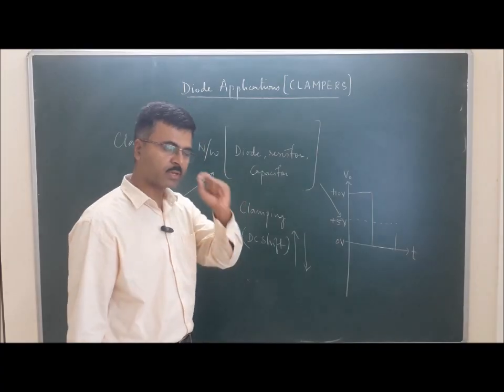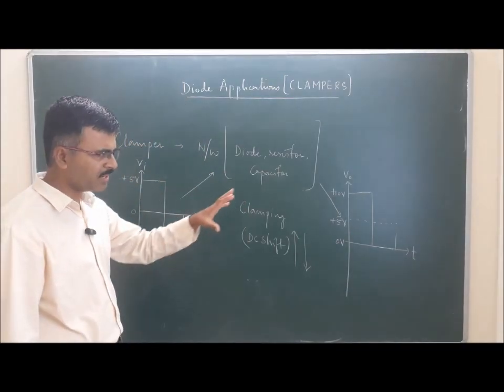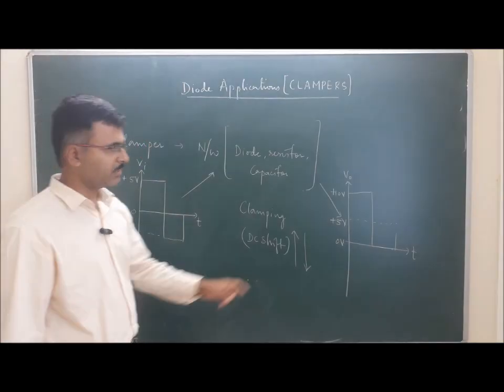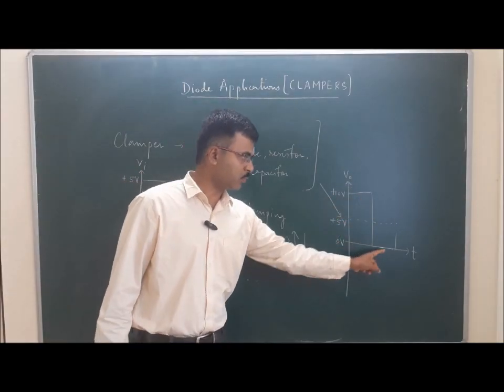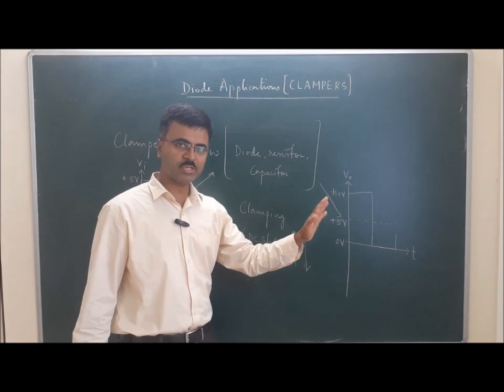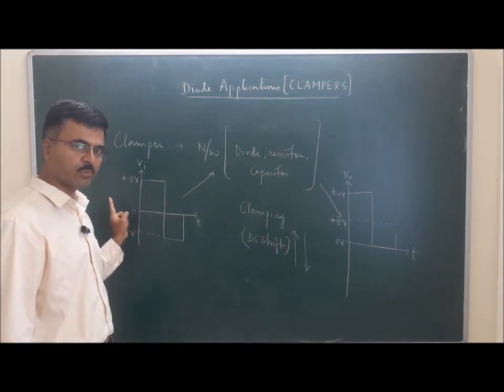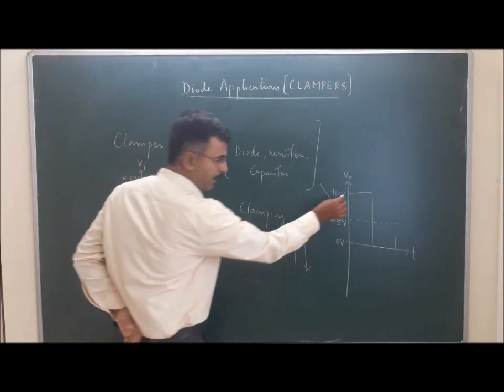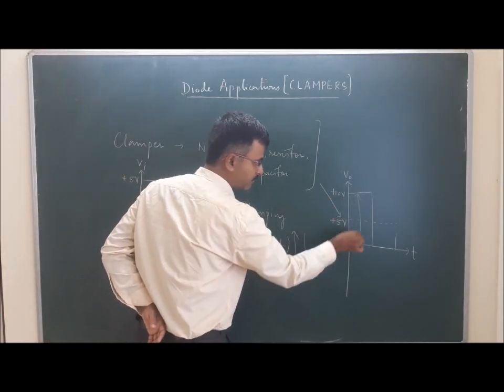One important thing to be observed, especially with respect to clampers, is that the appearance of the output signal has not changed when compared to the input signal. The appearance is the same, which means the magnitude is also the same.